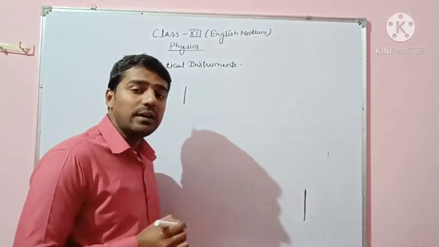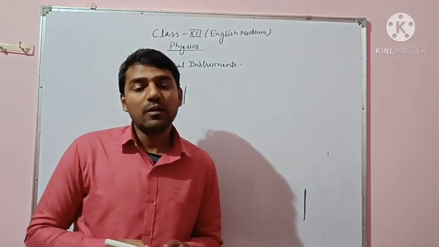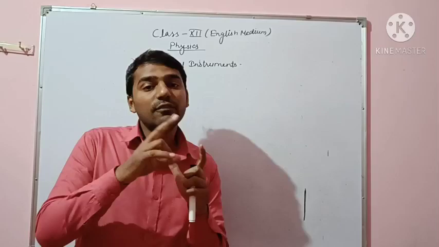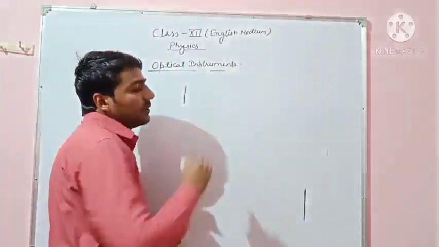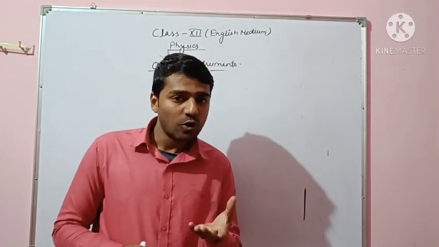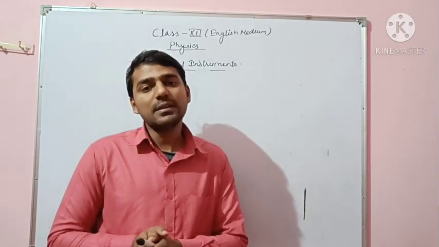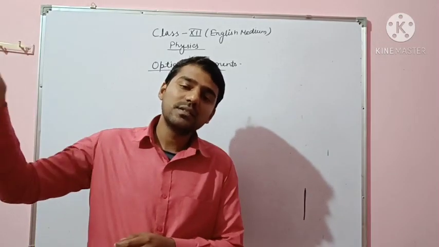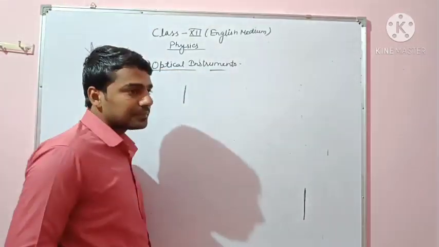What is an optical instrument? If an object is very small, or if an object is very far from us, it looks very small. The instrument that is used to form a large image of a very small object, or a large image of an object that is far from us, is called an optical instrument.